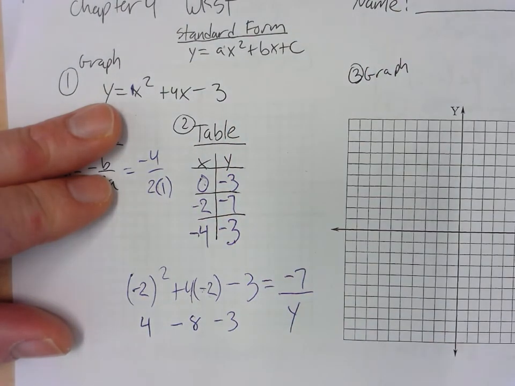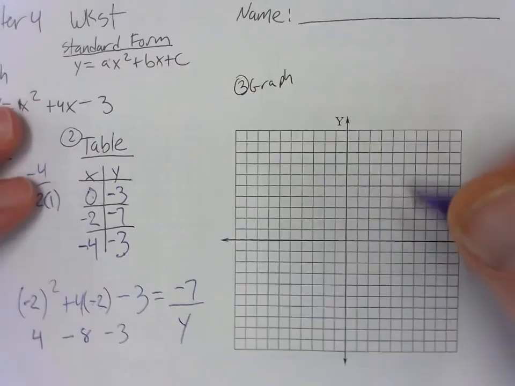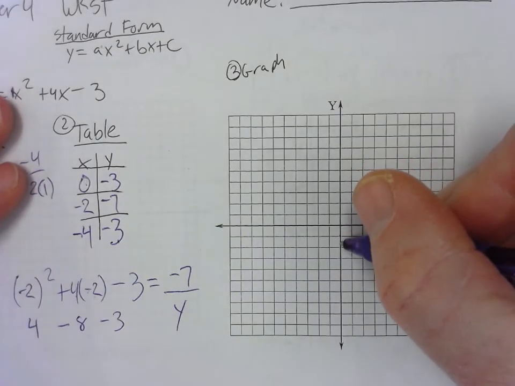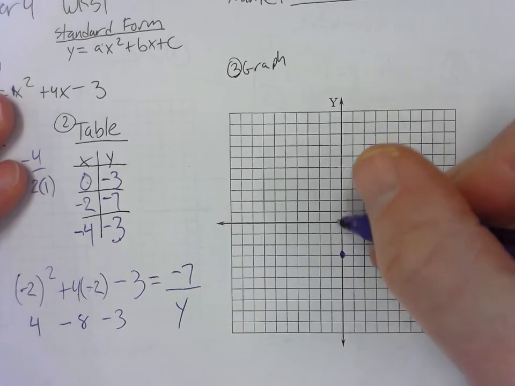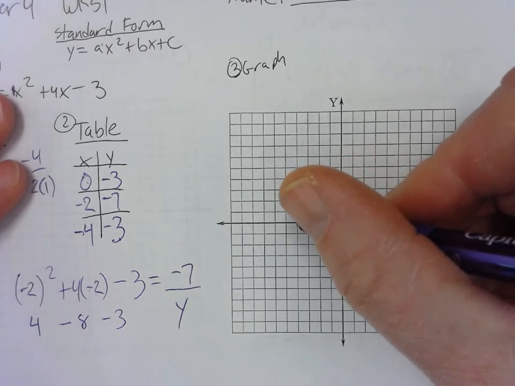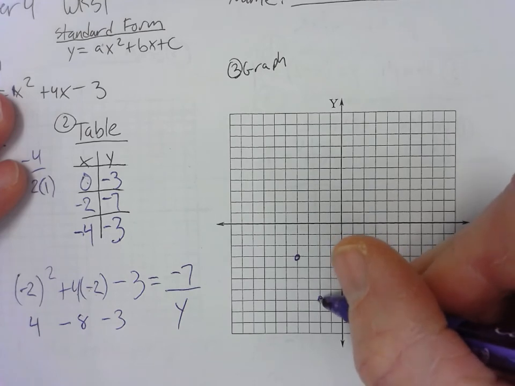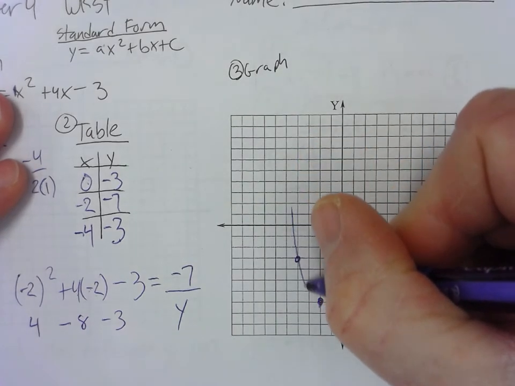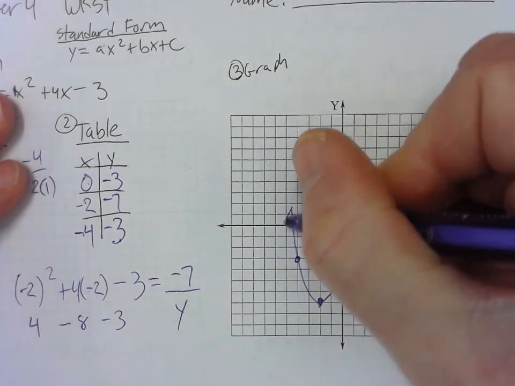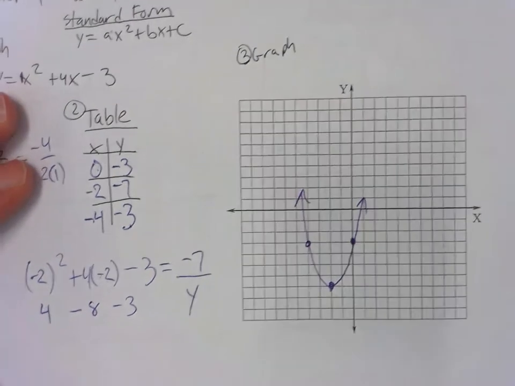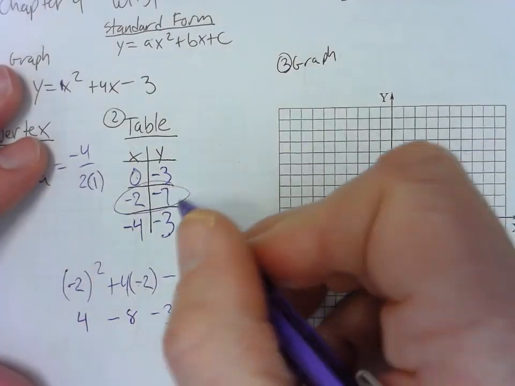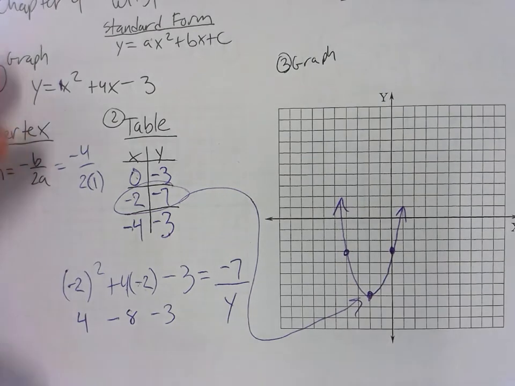So these are the 3 points I'm going to graph. 0, negative 3: 1, 2, 3. 1, 2, 3, 4, down 3, and then 2, down 7. Alright, so there's the vertex, and the other points.